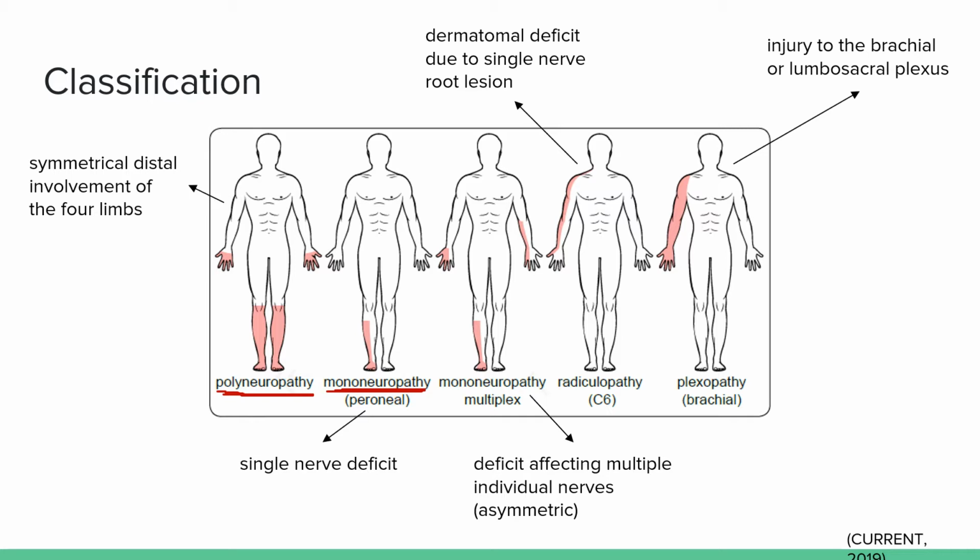Mononeuropathy multiplex is a deficit affecting individual nerves in multiple areas of the body, and is usually asymmetric.